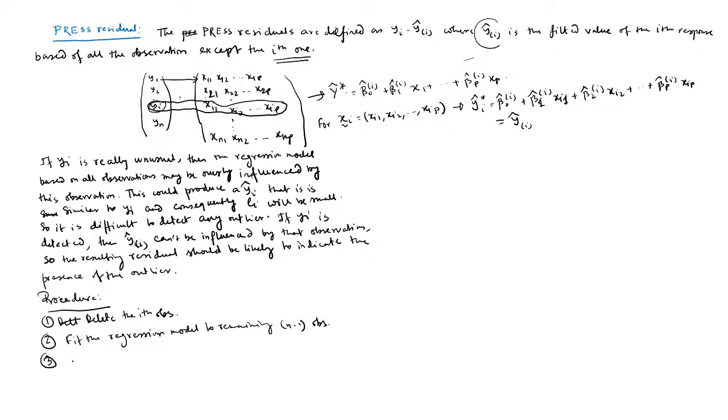Step 3, calculate the predicted value, which I denote by yi hat, where we write i within first bracket: calculate the predicted value of yi corresponding to the deleted observation.